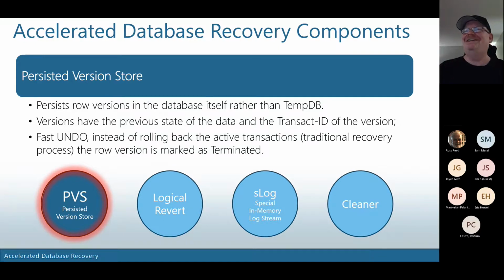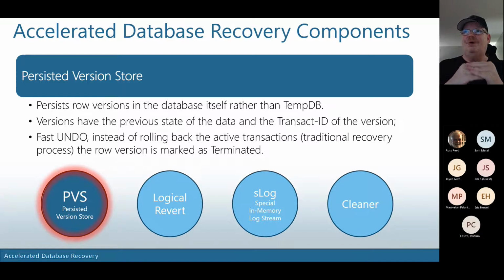Okay, so persistent row versions in the database offloads that contention, as I mentioned. But the versions work just like row versioning in the tempdb. If you worked with the tempdb and row versioning and snapshot isolation, the PVS works exactly the same, except it's in the actual user database.